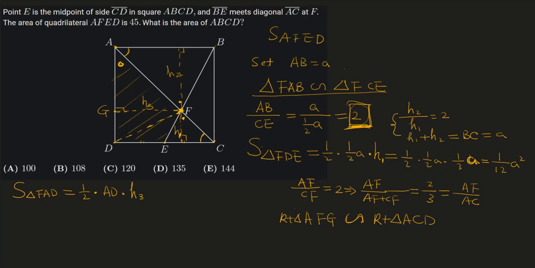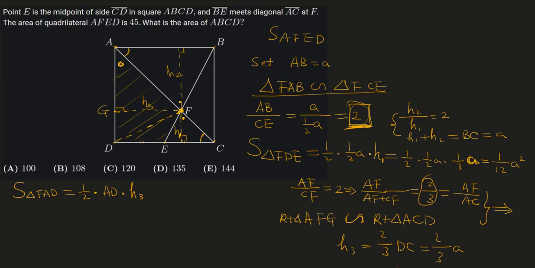And what's the ratio of these two triangles? That's 2/3, right? This number, 2/3, which is the ratio of AF to AC. Therefore, we combine these two pieces of information, we get H3 equals 2/3 of DC, which is 2/3 of A.